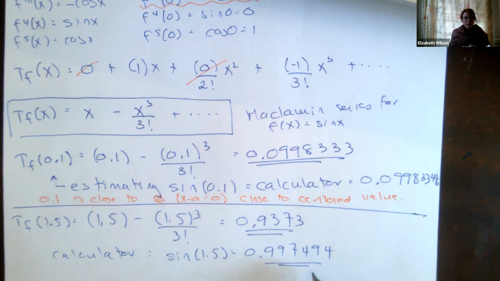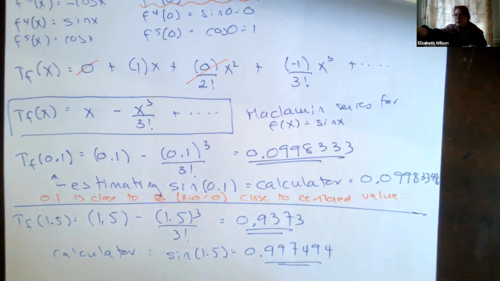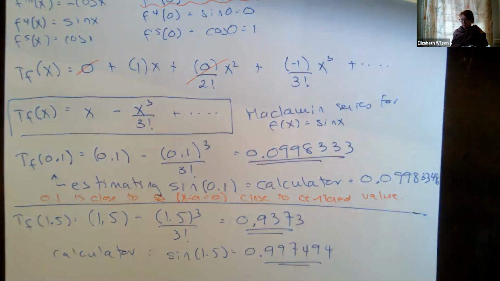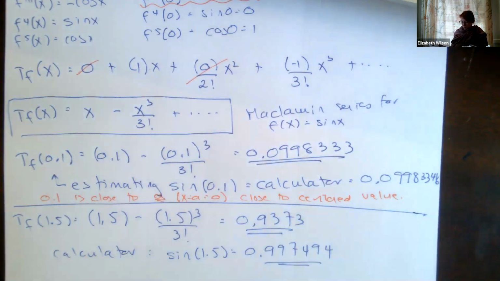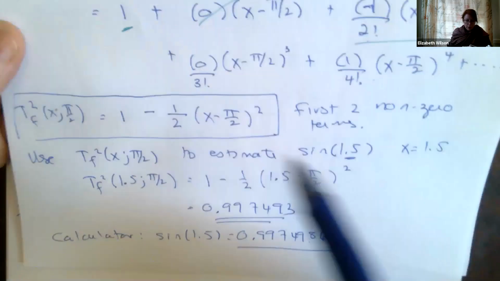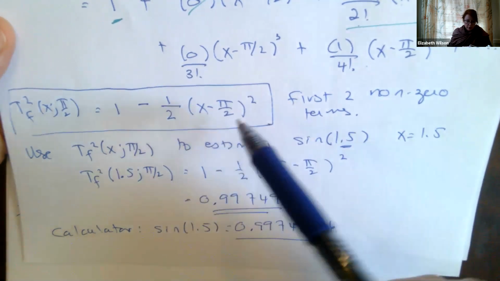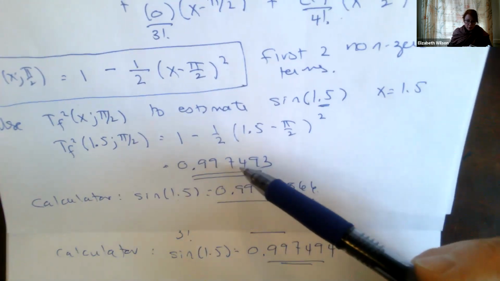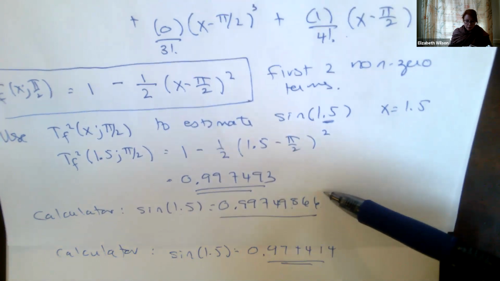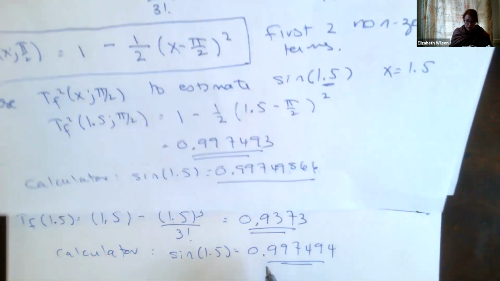When we did this just a few minutes ago, we centered it at pi over 2 because that's close to 1.5. We got 0.9974, pretty close to the calculator estimate. But look at what we're getting now, 0.93.